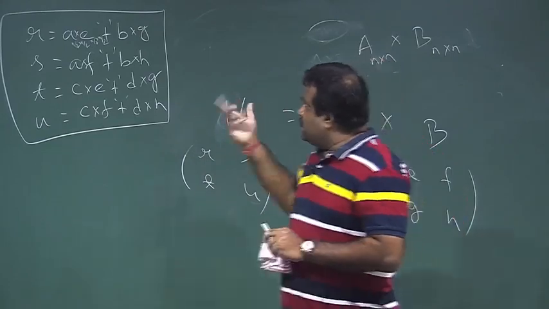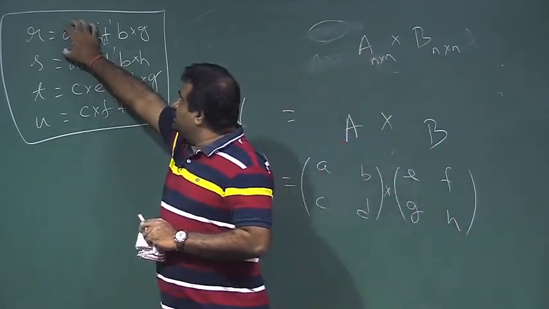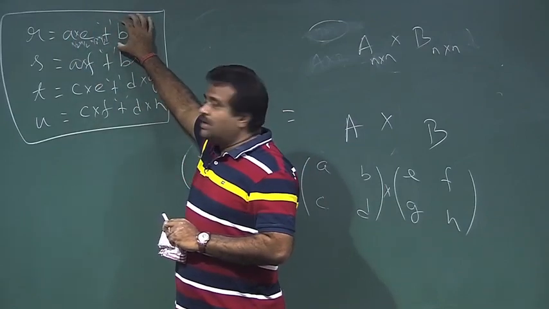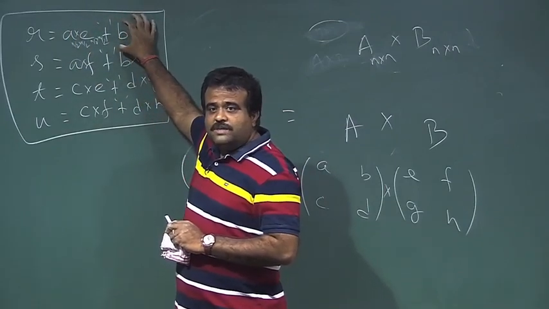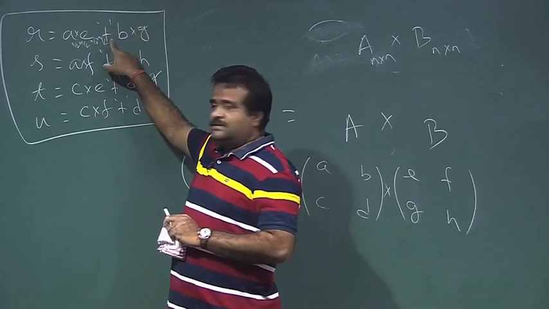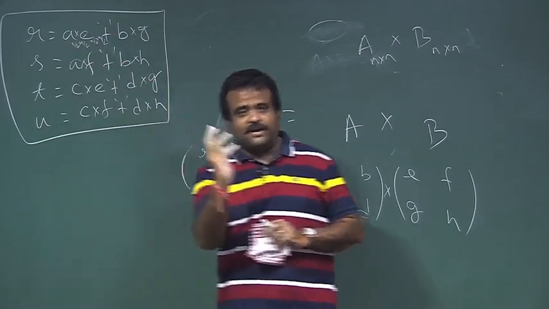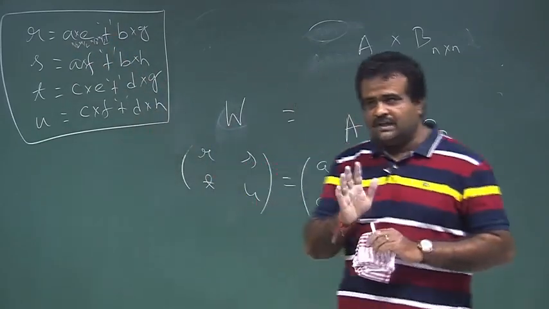In the conquer step we must get the solution of this and of this. Once we have the solutions of these two, we combine them by adding to get S. That is the divide and conquer approach. Is this clear?